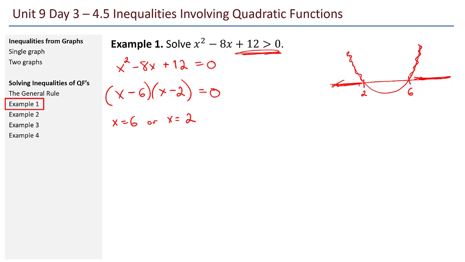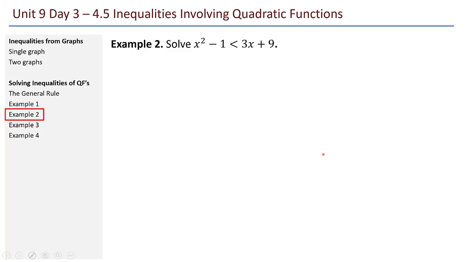So everything less than 2 and everything greater than 6. So the solution to the inequality problem is negative infinity to 2, not including the 2, union 6 to infinity. And again, I don't include the 2 and I don't include the 6 because it is a strict inequality.